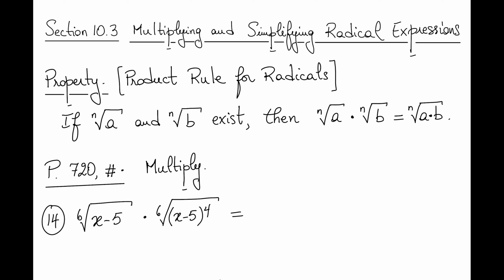Section 10.3, multiplying and simplifying radical expressions. Here's the main property of this section. Product rule for radicals. If you know that the nth root of A and the nth root of B exist, so if both of these exist, then their product is the same thing as the nth root of the product between A and B. Okay, so in words, the nth root operation and the multiplication commute.